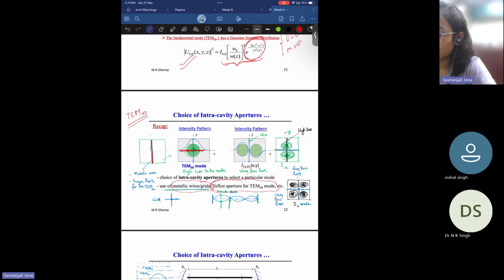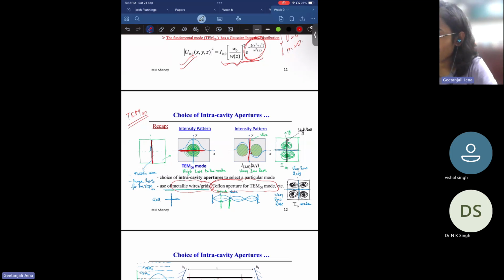Let's see the higher order mode, the next higher order mode where L is 1 and M is 0. For this case, you can recall this is the contour plot of this mode where we have two peaks around the origin. If you put the metallic wire, let's say in the transverse direction, then the losses in the system for this mode will be 0.